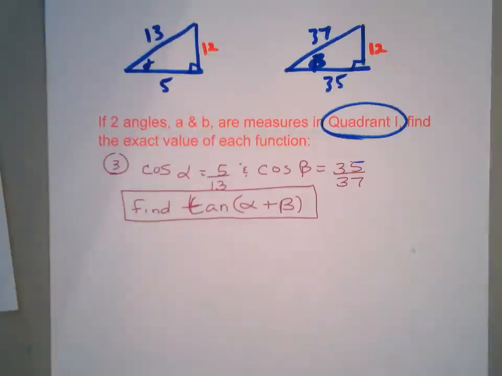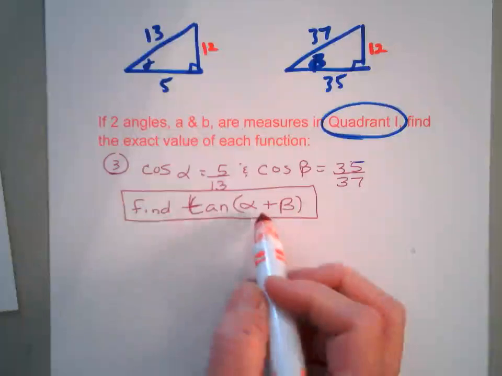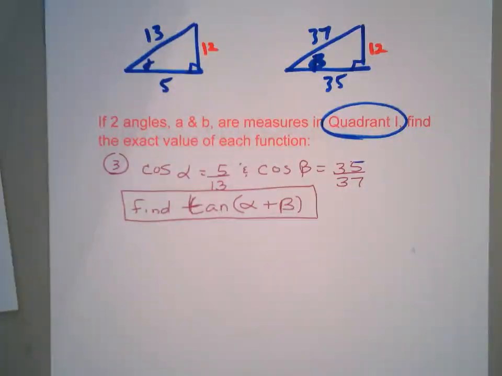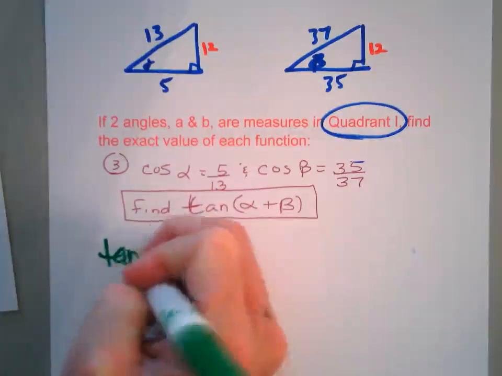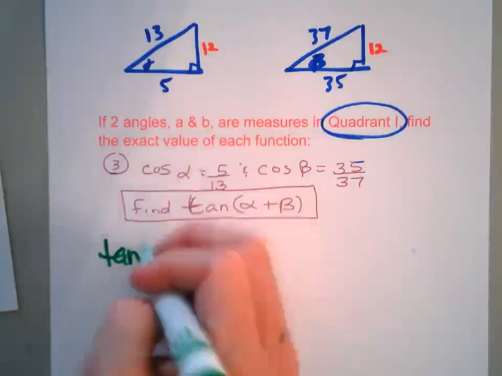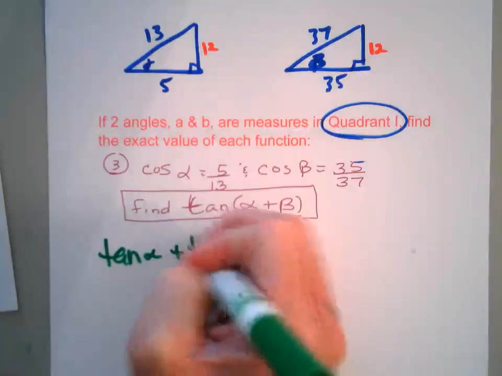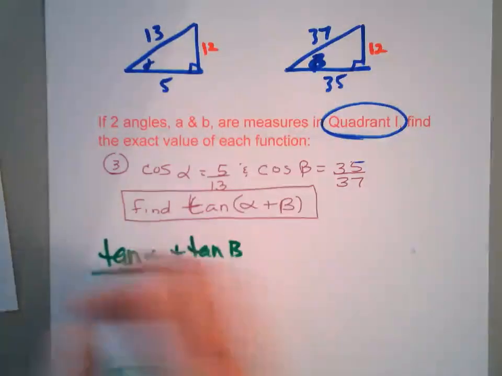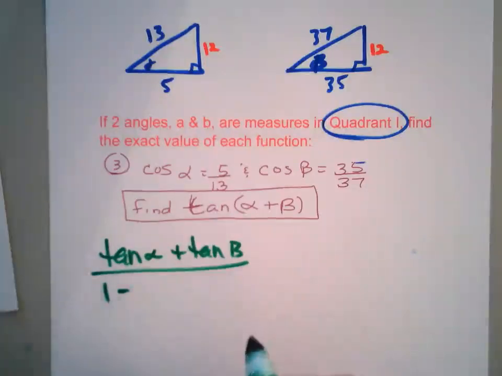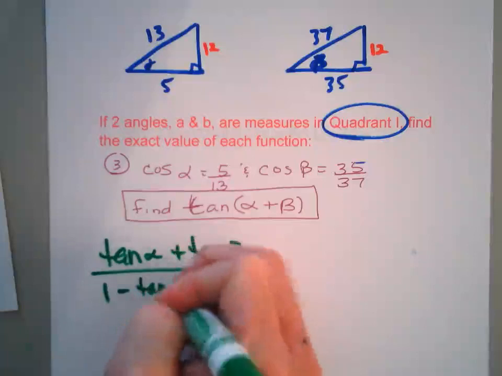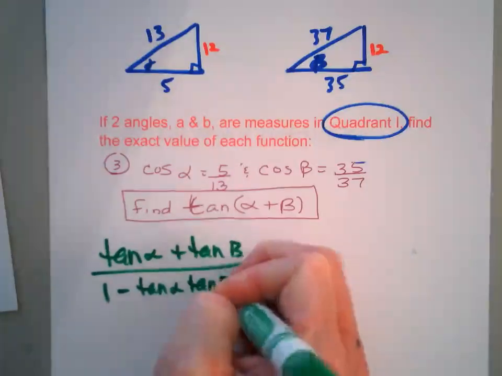Almost done. We'll get through this problem, finish this up. So we got tangent plus. So tangent alpha plus tangent beta divided by 1 minus tangent alpha, tangent beta.